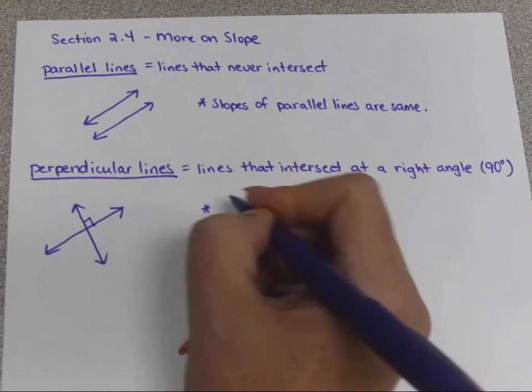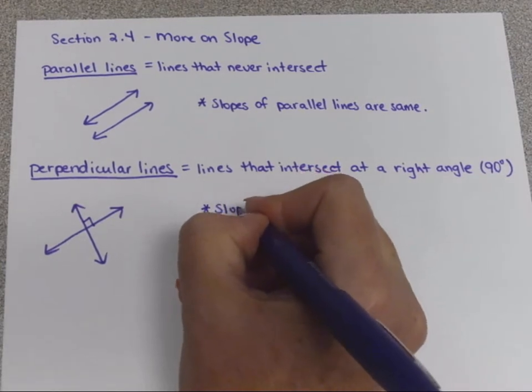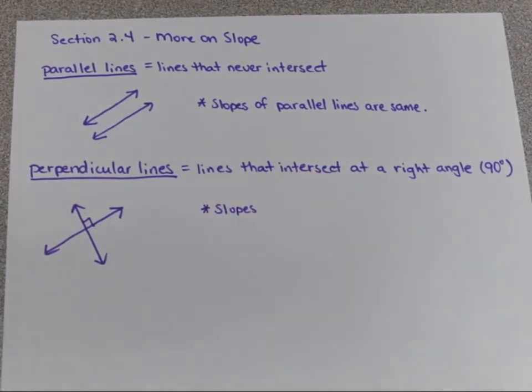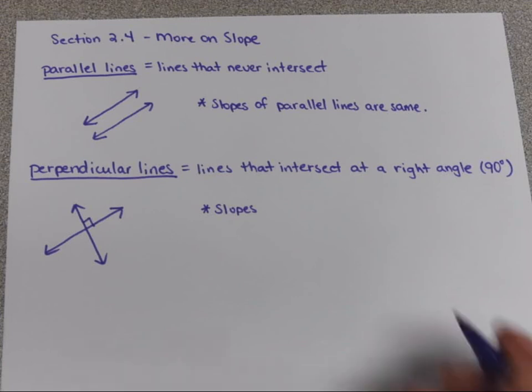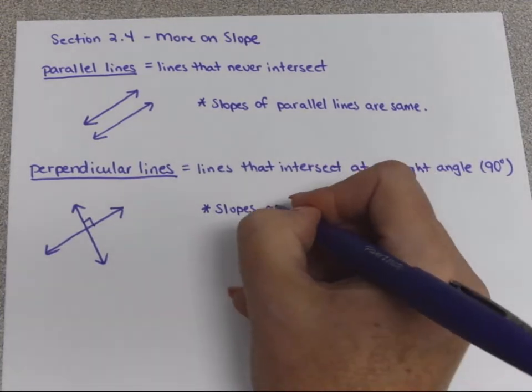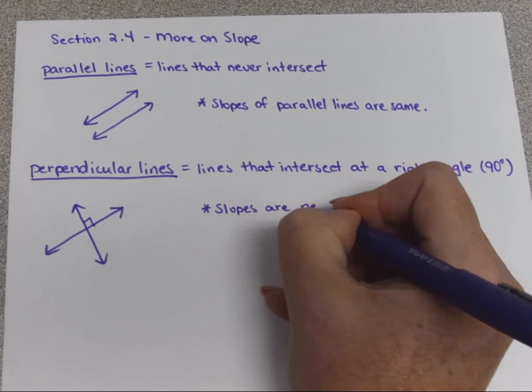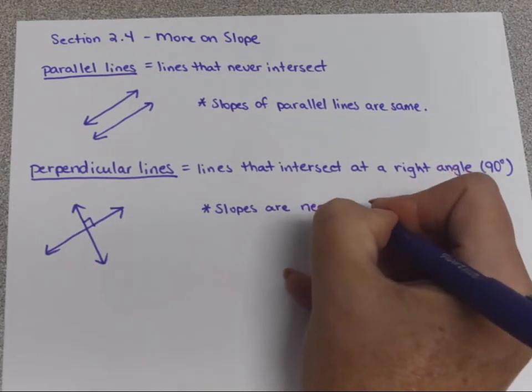So we know some things about the slopes of these lines also. They're definitely not the same. How can you tell they're definitely not the same? Yeah, they're going opposite directions, right? One is positive and one is negative for sure. So here is what we know about the slopes of perpendicular lines. They are what we call negative reciprocals of each other.